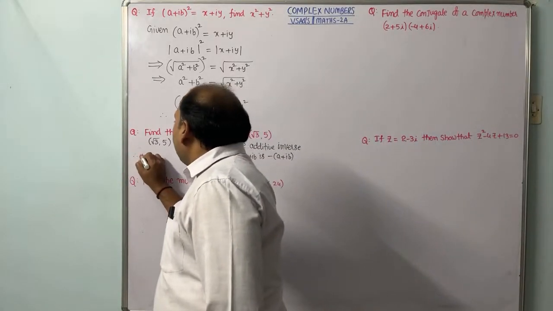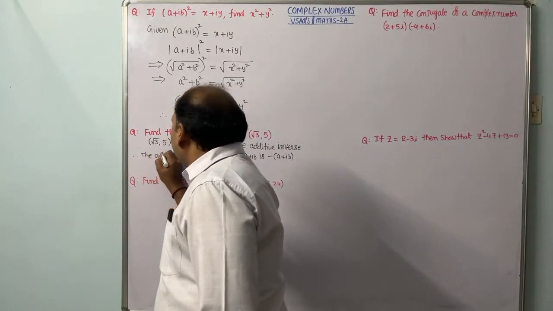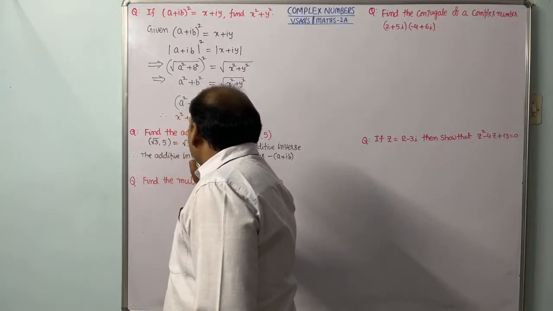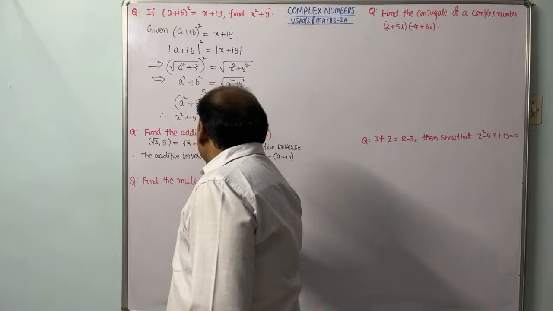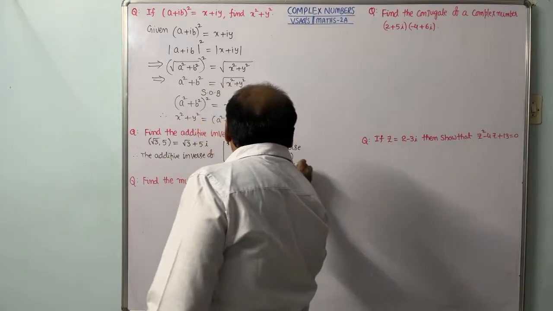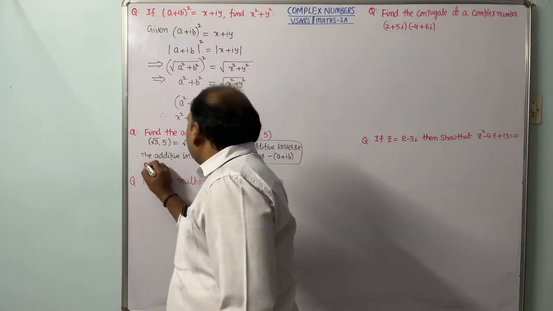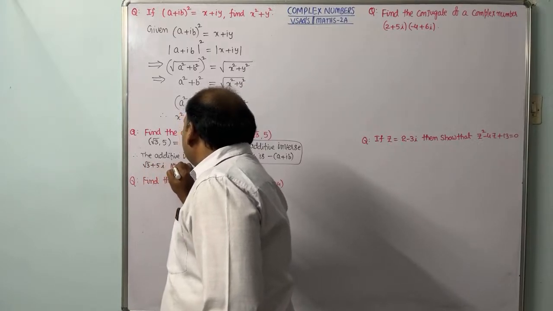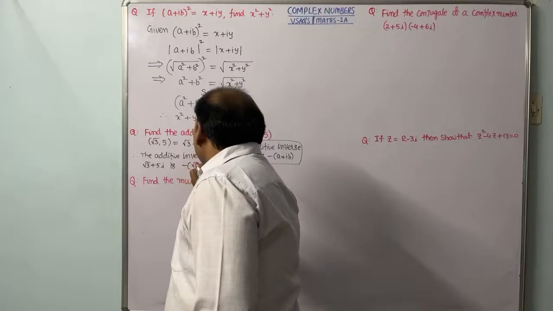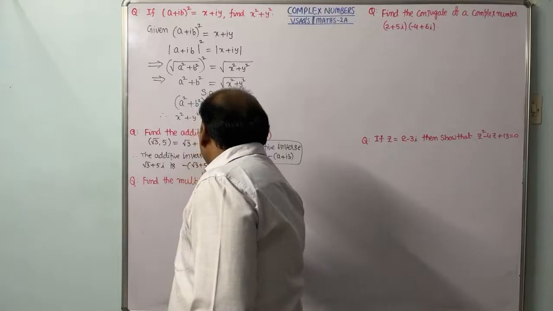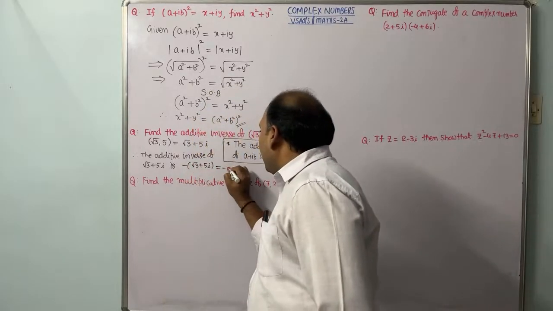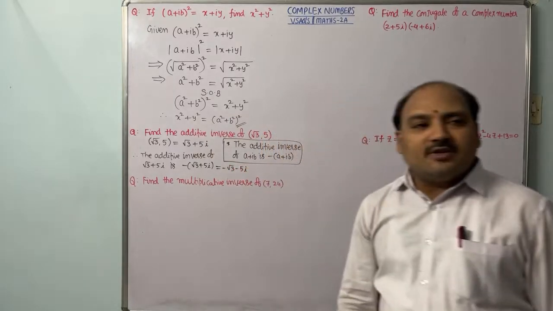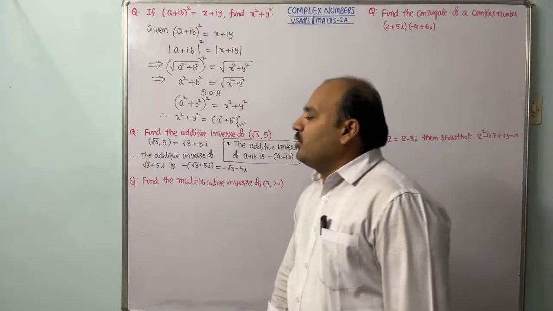Therefore, the additive inverse of root 3 plus 5i is minus of (root 3 plus 5i), that is equal to minus root 3 minus 5i. Okay, dear students, this is the way we can do it.